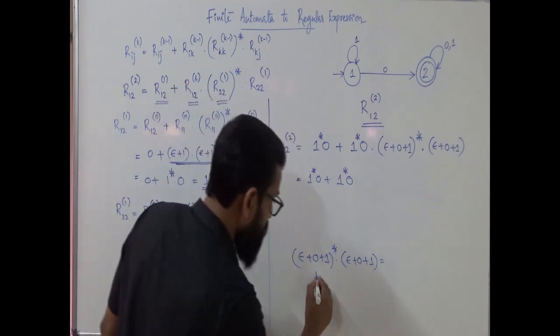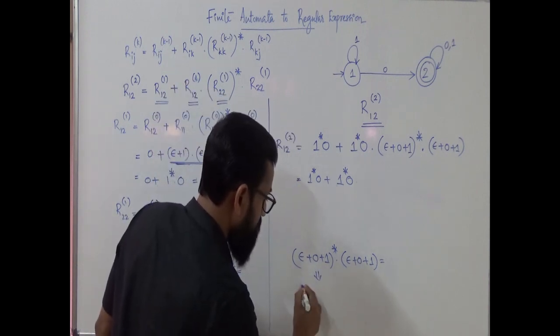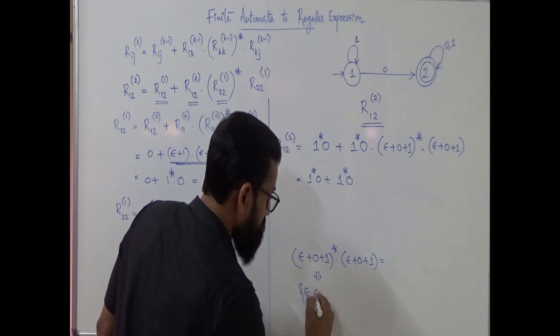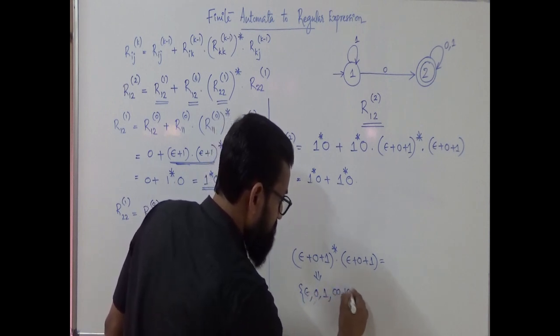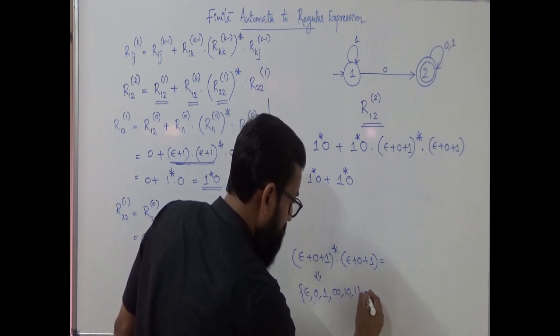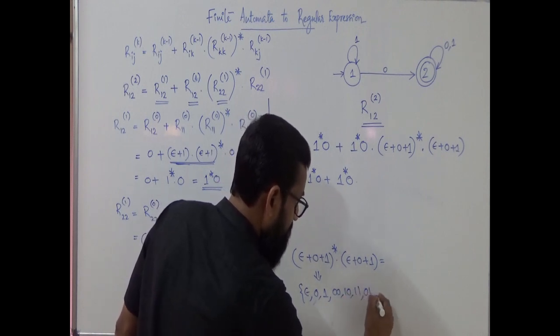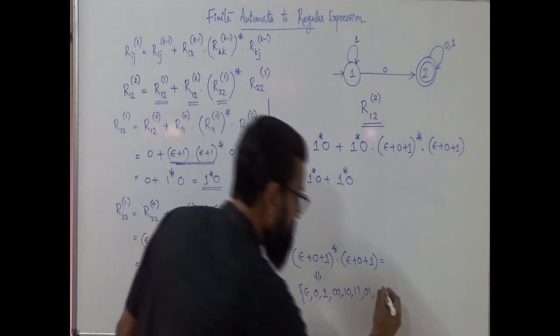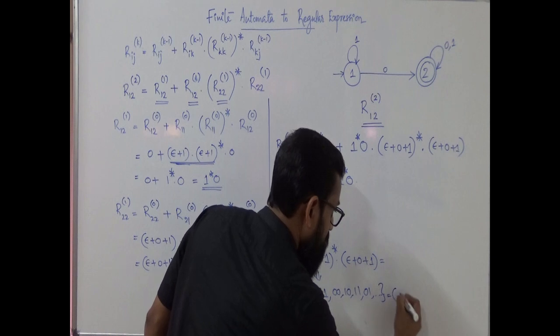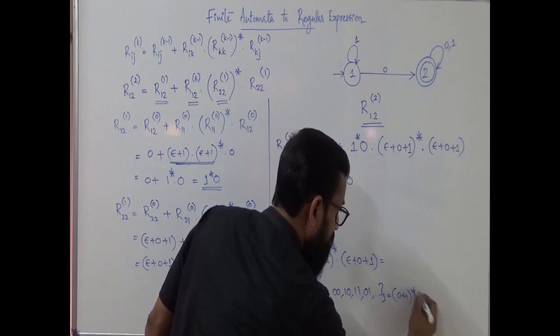That is epsilon, 0, 1, 00, 10, 11, 01, etc. That is any combination of strings that can be generated using zeros and ones, and this is equal to 0 or 1 Kleene closure.